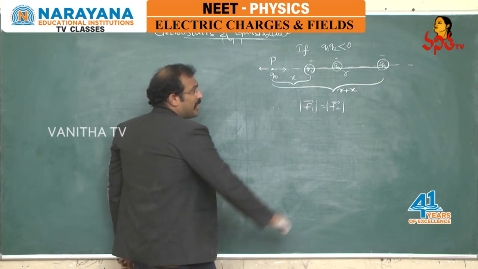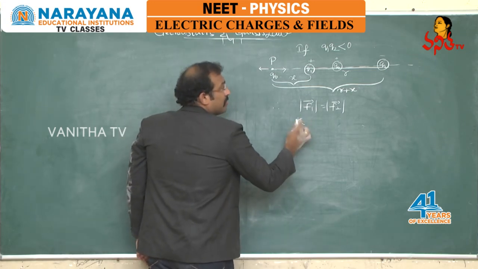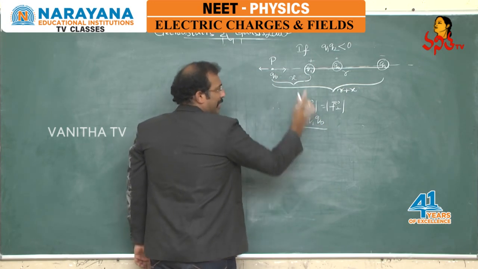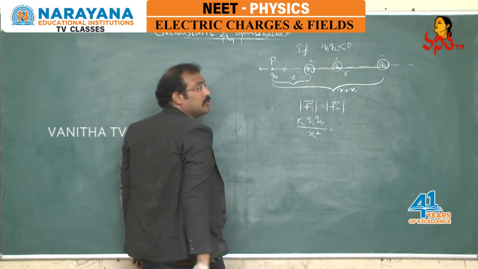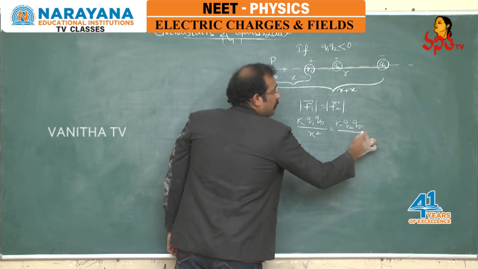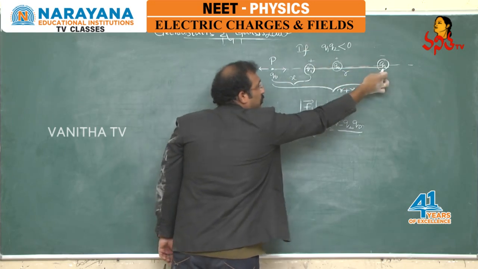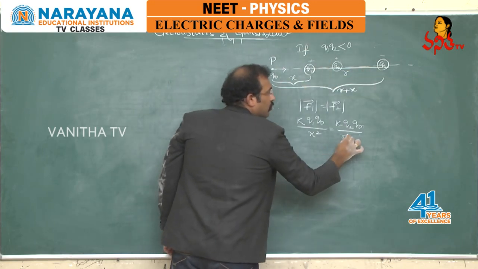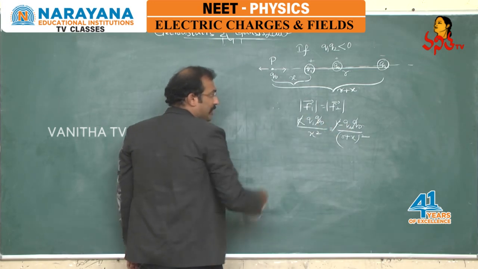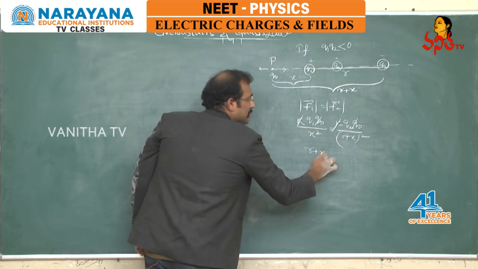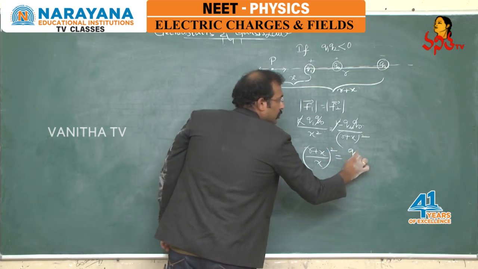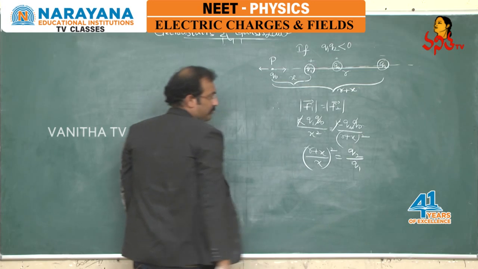So now I can write k q1 q naught by x square, which will be equal to k q2 q naught by the distance of this q naught from q2, which is r plus x. So (r plus x) whole square. So k q naught will get cancelled out. (R plus x) by x whole square is equal to q2 by q1.